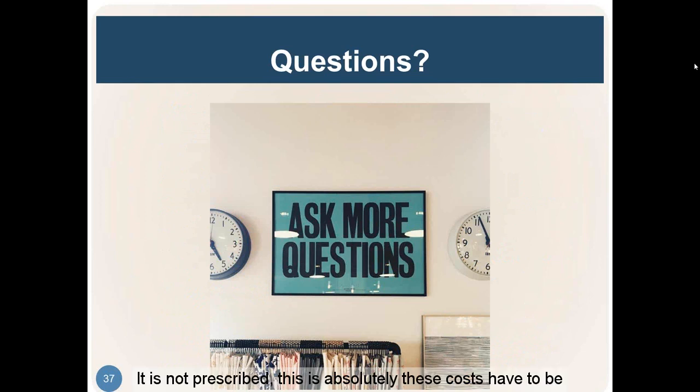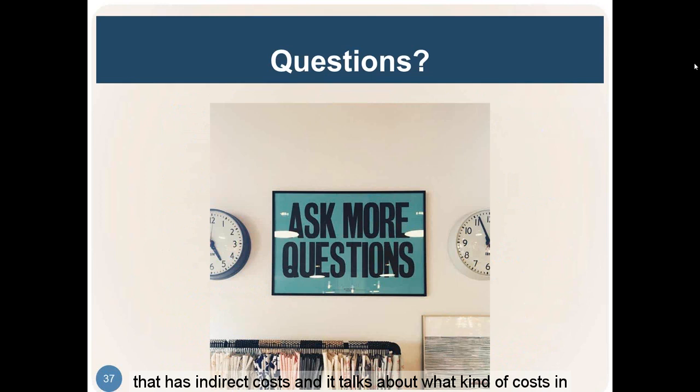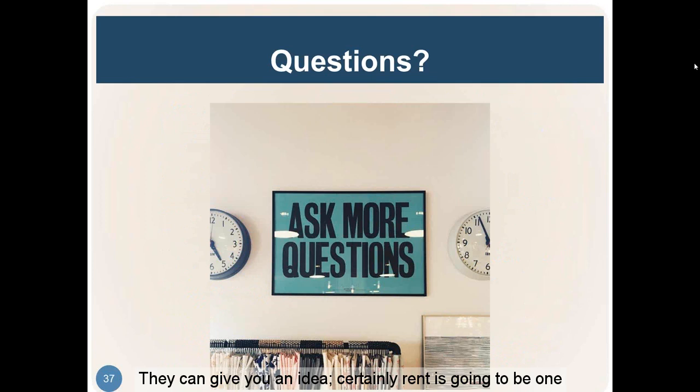It's not prescribed that these costs have to be direct and everything else is indirect, but it gives you some basic guidance. And then I believe it's 200.414 that has indirect costs, and it talks about what kind of costs in general are indirect, and they can give you an idea.